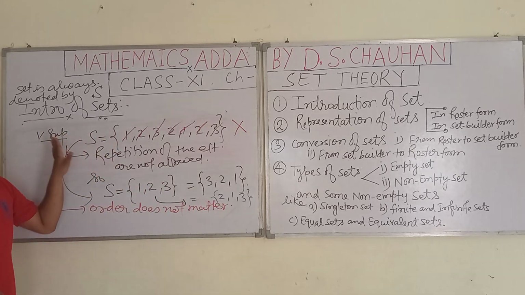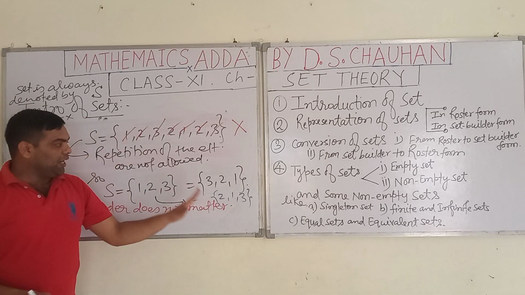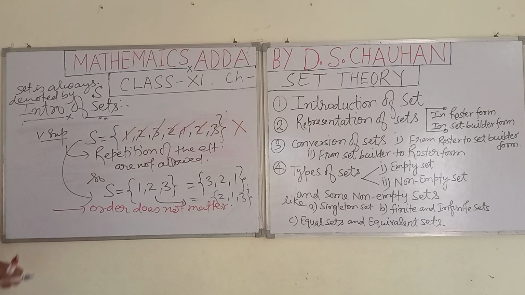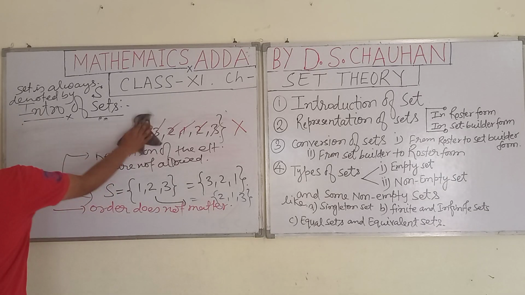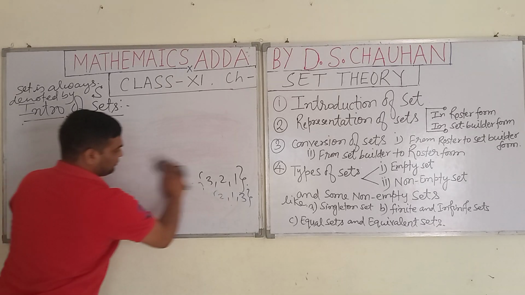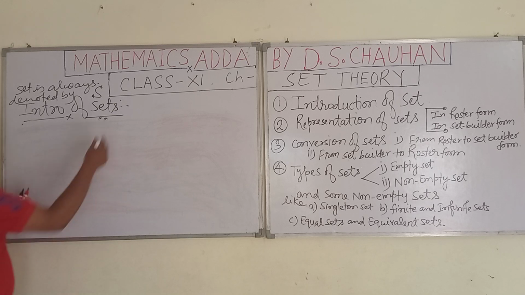Now the following things must be taken care of whenever we are going to write down a set. What are these things, students? I am recalling once again, all of you try to understand. Following 6 things to be taken care of.